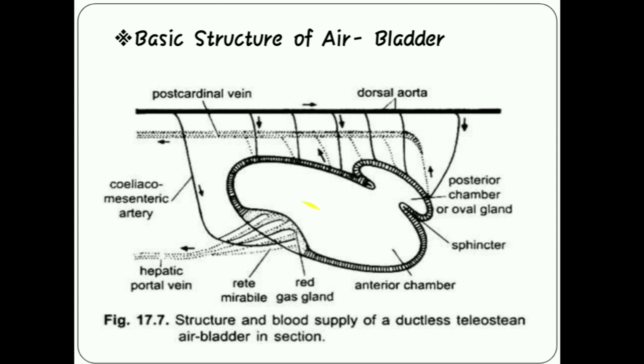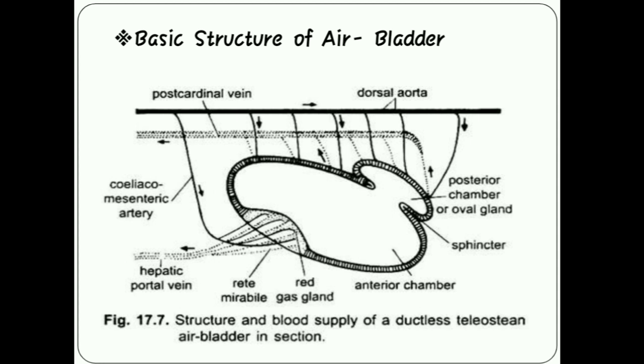We also see a rounded structure in the anterior chamber. It is known as the red gas gland because its color is red, so it is called a red gland. It has a rete mirabilis.